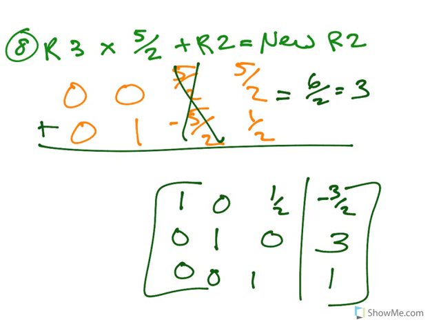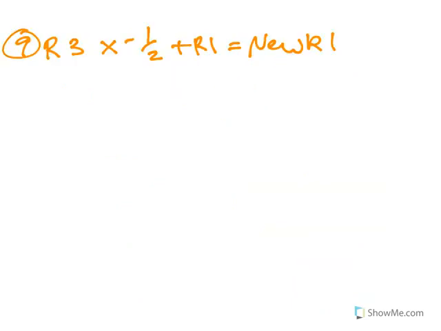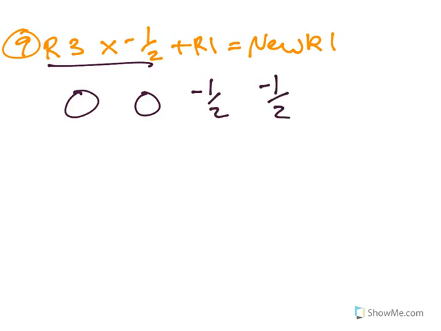Now we are ready to multiply row 3 by -1 half and add to row 1 to get rid of this piece. Okay, let's do that. Row 3 times -1 half plus our row 1. So row 3 times -1 half is 0, 0, -1 half, -1 half. Row 1 is 1, 0, 1 half, negative 3 halves.